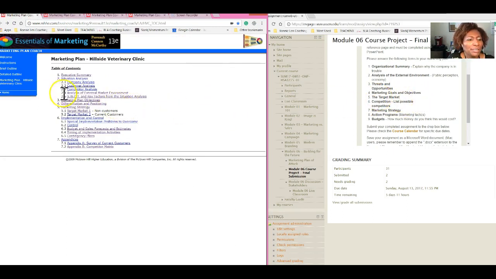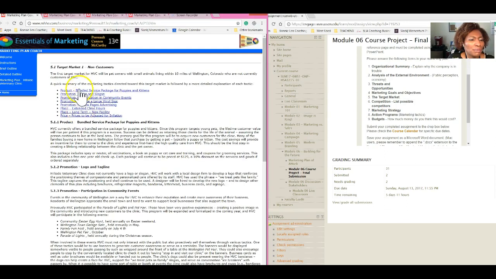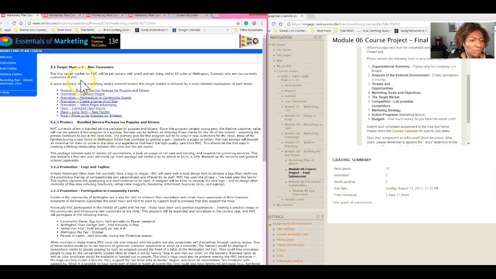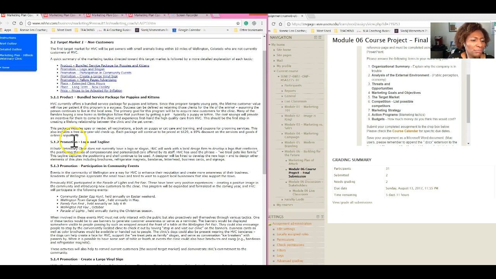Next, we have the target market. So they talk about the target market and non-customers versus customers, and you can do it either way. And also for each one, their target market, they talk about what products they'll have, how they plan to promote it, basically using the 4 Ps.